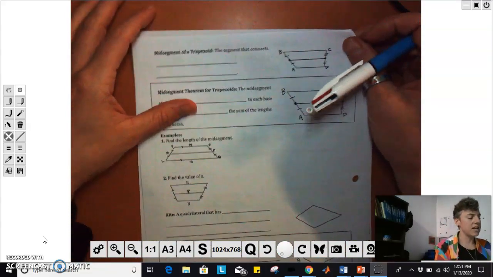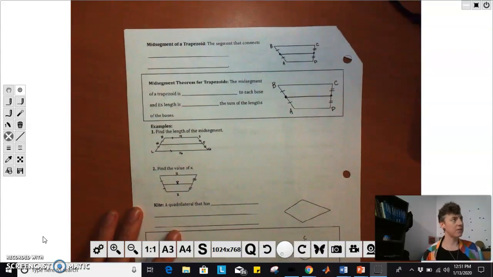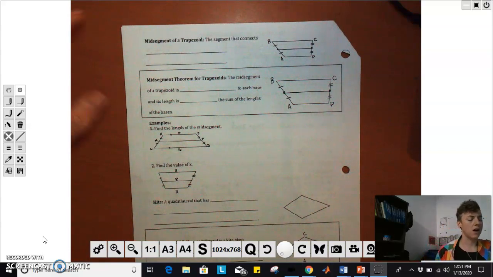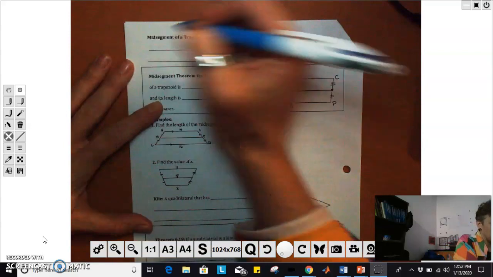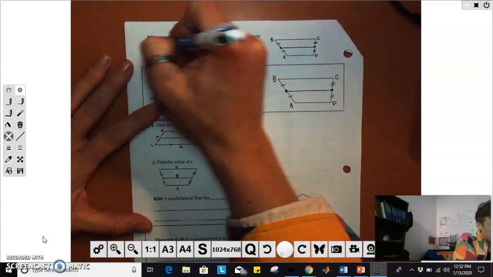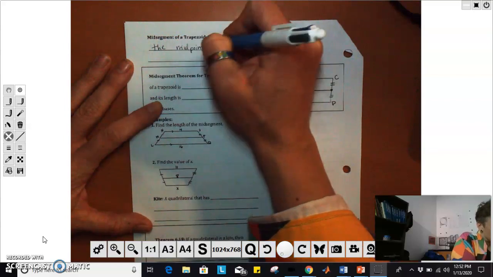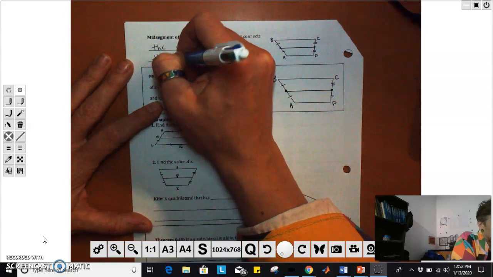The mid-segment of a trapezoid. The mid-segment of a trapezoid connects the midpoints of each leg of a trapezoid. Connects the midpoints of the trapezoid legs.